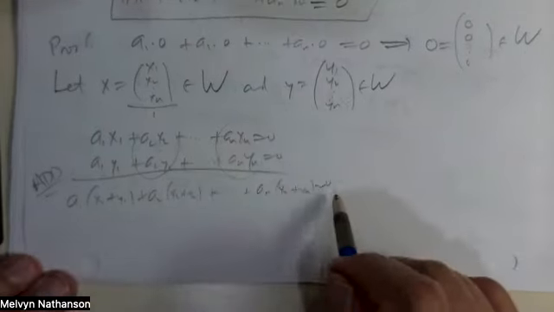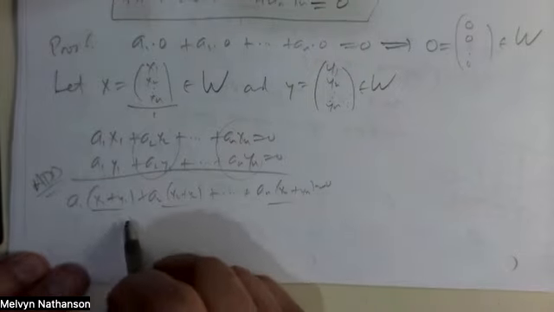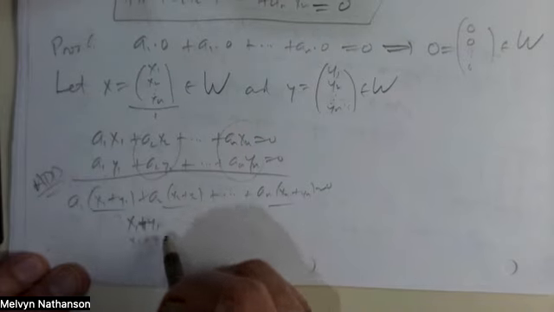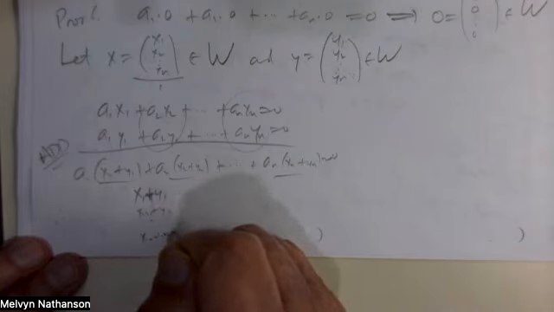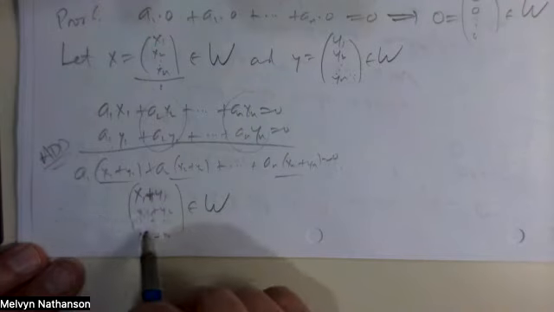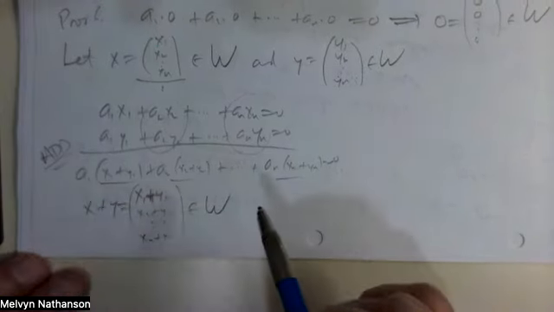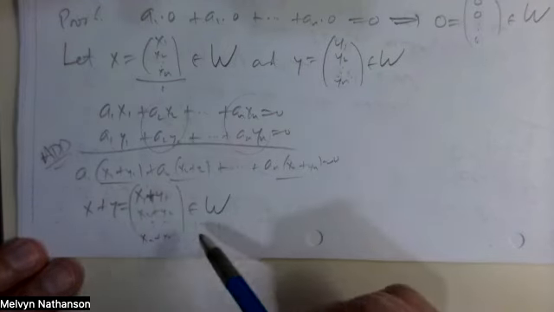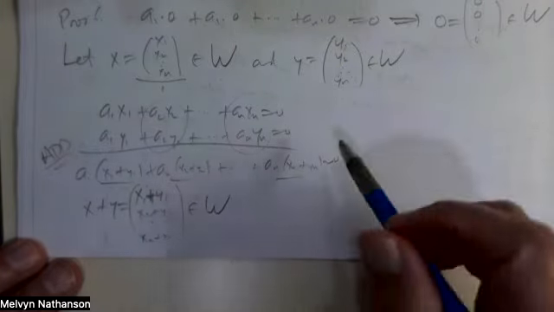So I have a new solution of this equation, and these are the coordinates: x1 plus y1, x2 plus y2, down to xn plus yn. This is in W, but this is exactly the sum of the vectors x and y. So if x is in W and y is in W, then x plus y is in W. So W is closed under vector addition.